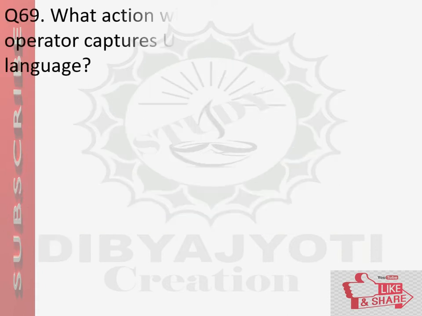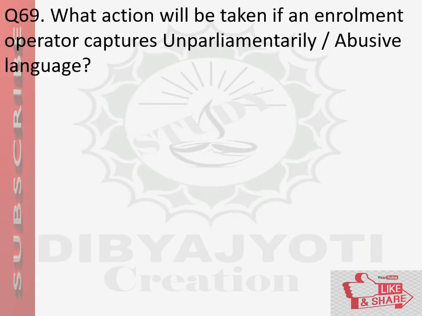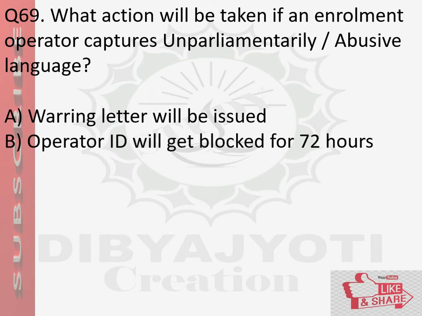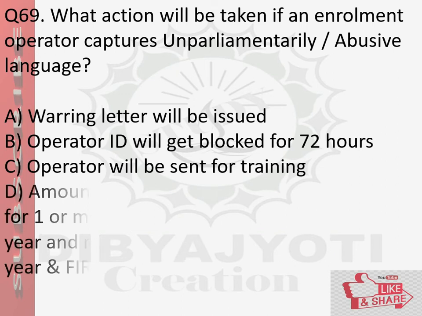Then next, what action will be taken if an enrollment operator captures unparliamentary, abusing language? Option A, warning letter will be issued. Option B, operator ID will get blocked for 72 hours.